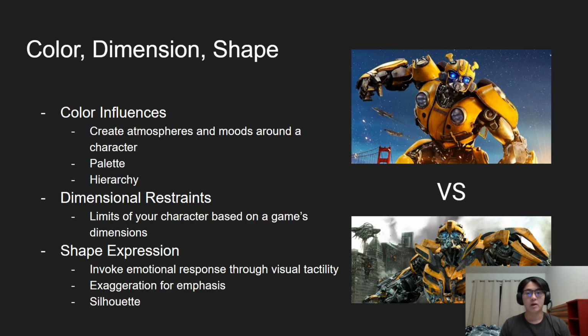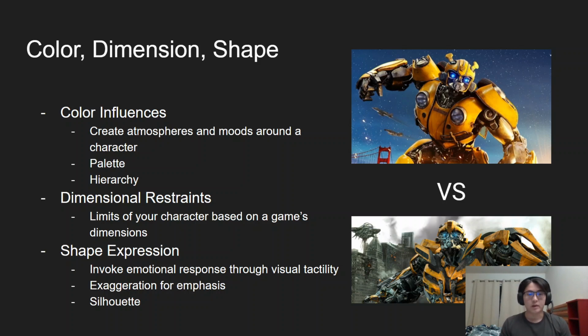In addition, you usually want your character to look clean, and so you want to organize the coloration of your character through the use of color palettes and color hierarchy. The color palette refers to the collection of colors that you will be using to color your character, and the color hierarchy talks about the order and how much color you're going to use in your character. For example, a primary color, a secondary color, and then a detailing color.